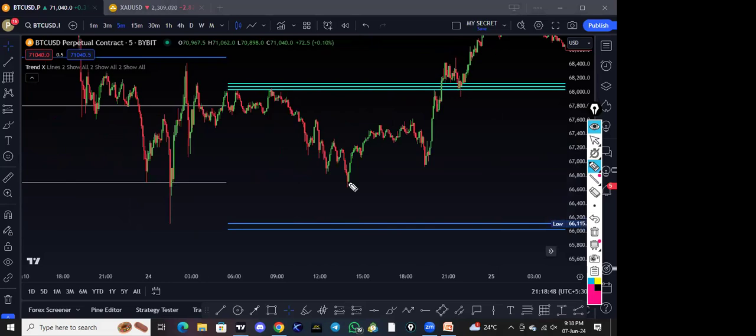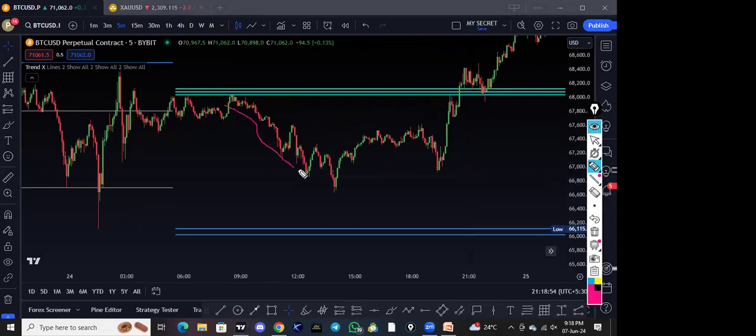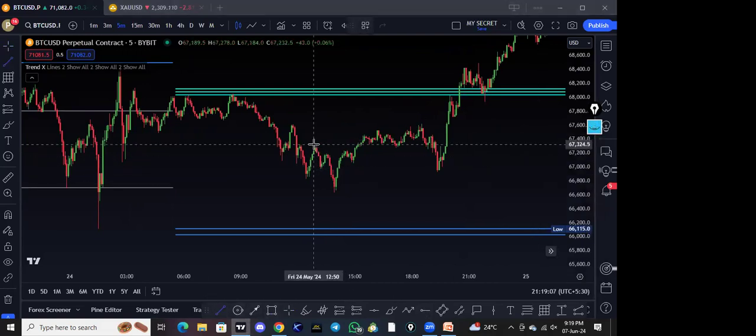I'm just giving how to take the trades. Personally, when I see this, I'll wait till here. Okay, it's going back. I mean, the recent high in 5 minutes. This is a recent high, correct? I'm drawing it. So this is a recent high.